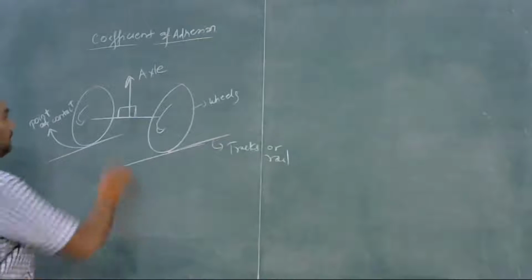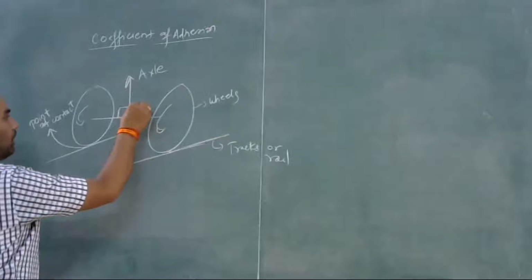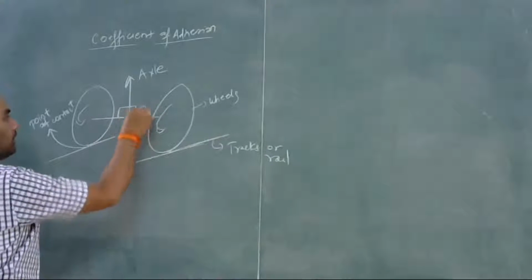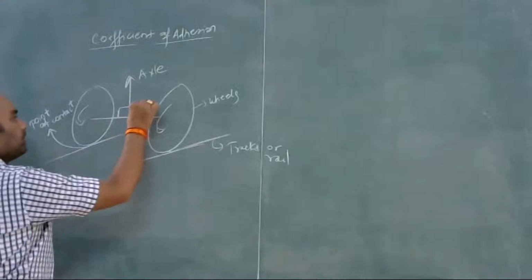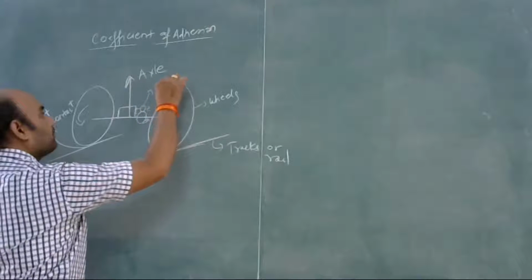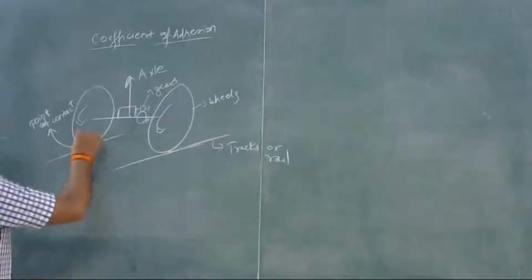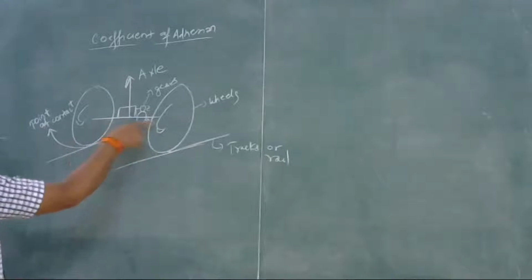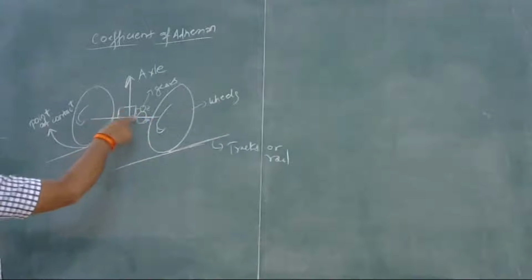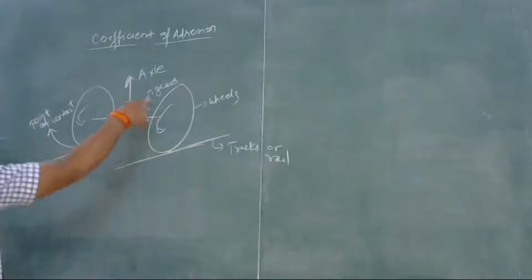So the motor can be directly connected to the axle or through a reduction gear arrangement. So these are gears. This is how the wheel rotates. Two wheels are connected through an axle, and our motor is mounted on this axle and connected through reduction gears.